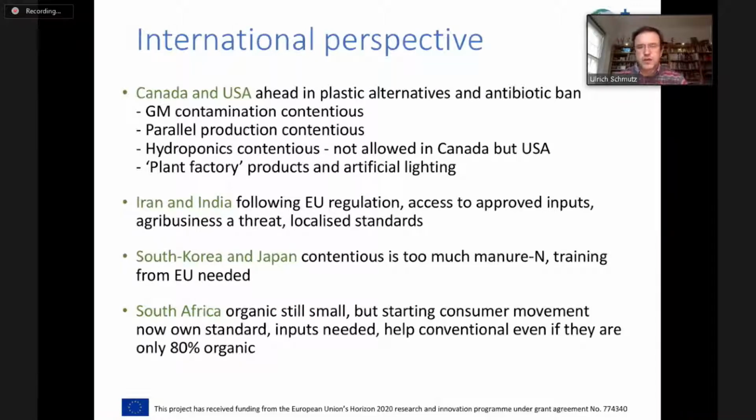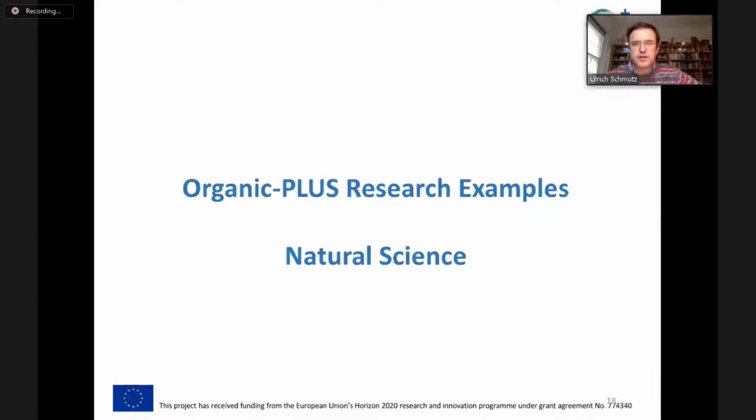Agribusiness was mentioned here, and in Korea, the colleague said they have too much nitrogen manure. And South Africa, in Africa, said that organic is still small. So I'm well aware that what I mention here is maybe not everyone's immediate problem, but from this European perspective with our consumers, those things are seen as organic plus, as the next step.